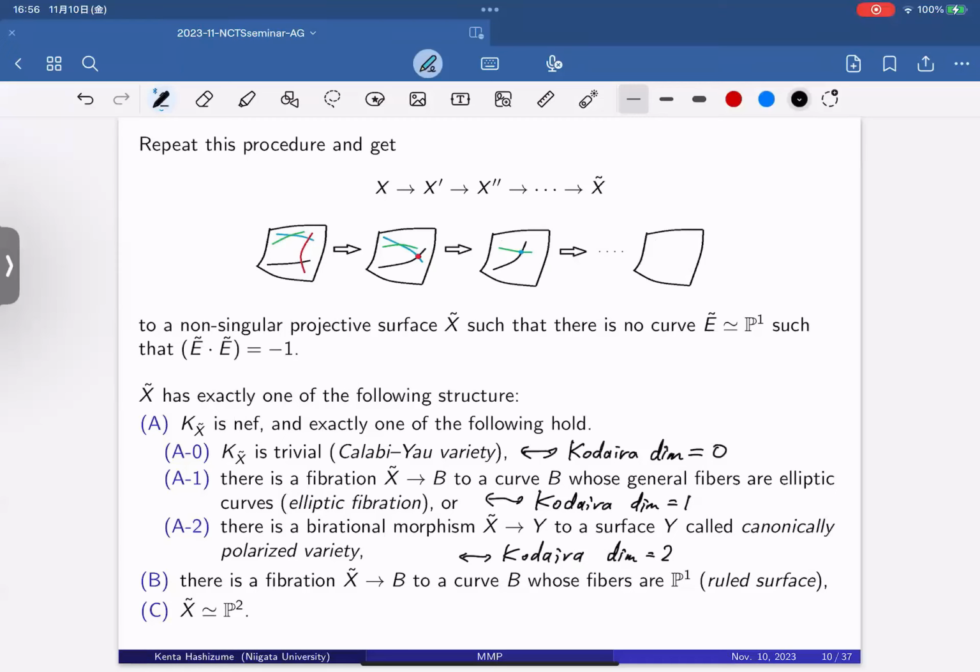The structure A0 is called a Calabi-Yau variety in the weak sense. The structure A1 is called an elliptic fibration. And the structure A2 is called a canonically polarized variety, a good minimal model of general type.